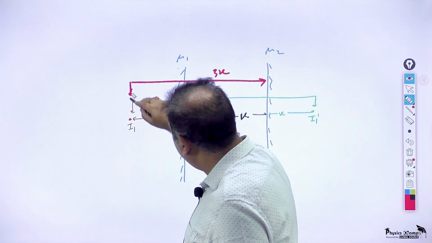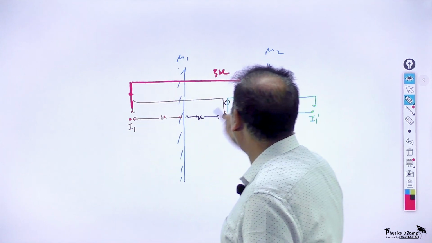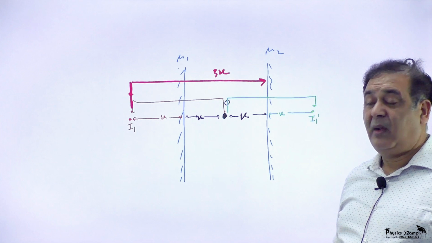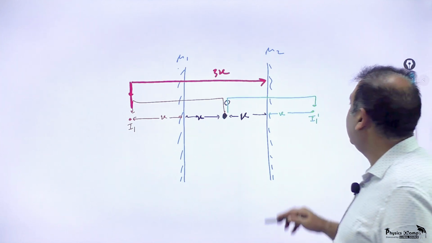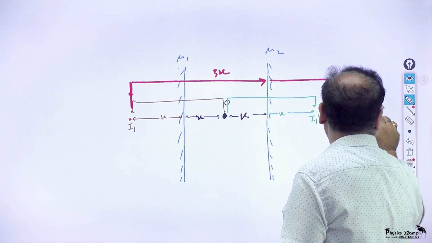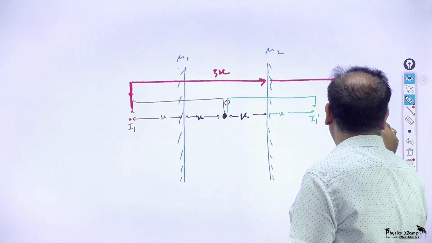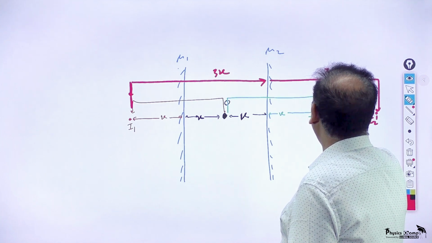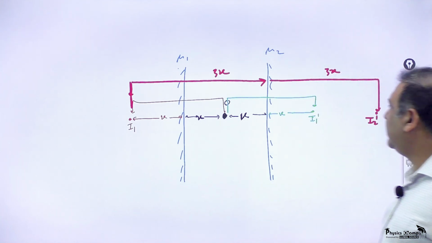So this I1 is acting as a virtual object at a distance 3x from mirror M2. So it will form an image I2 dash at a distance 3x behind mirror M2.